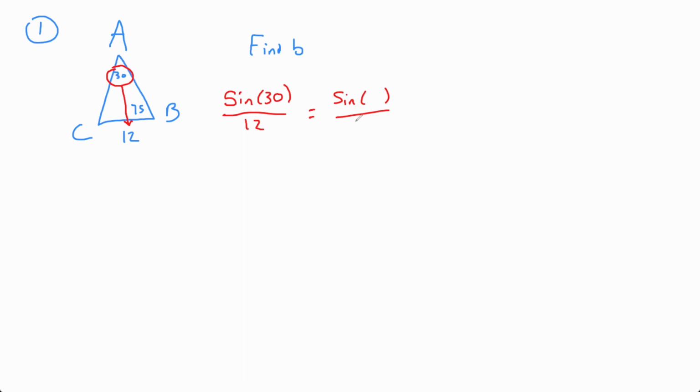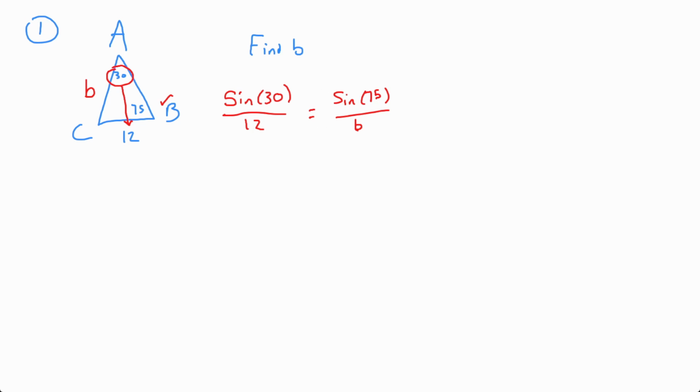And then on the right-hand side, I'm going to use one of my known pieces of information, which is this 75 degrees. And I'm going to pair that with my unknown, or what I'm trying to solve for. So now I have sine 75, which is angle B, over little b, because I'm asked to find little b.